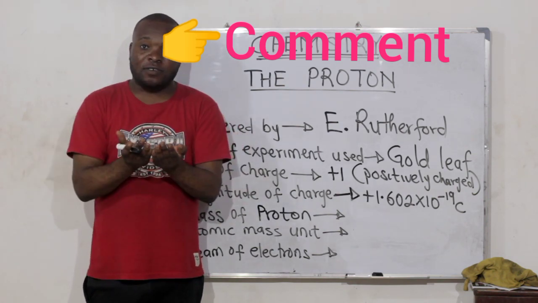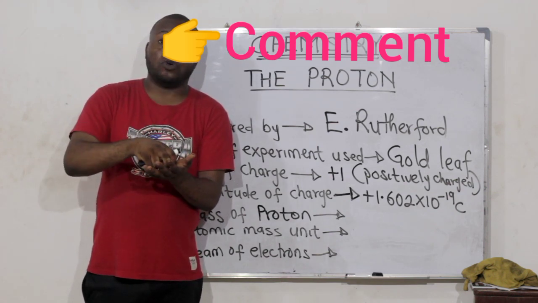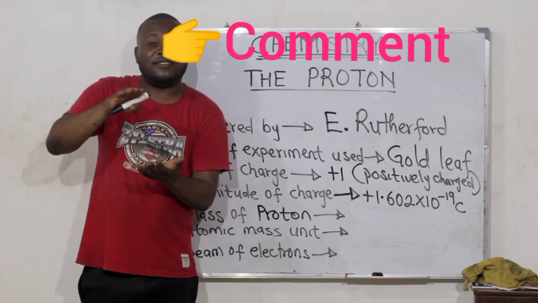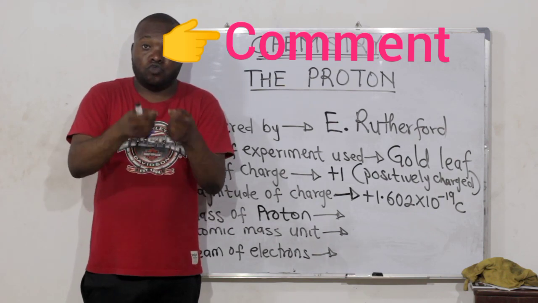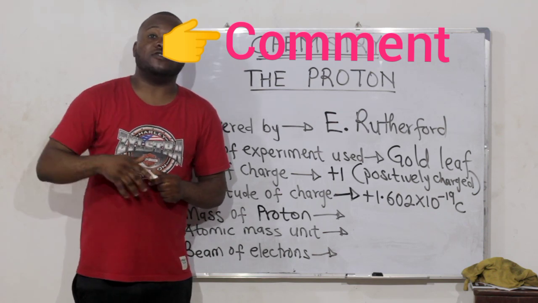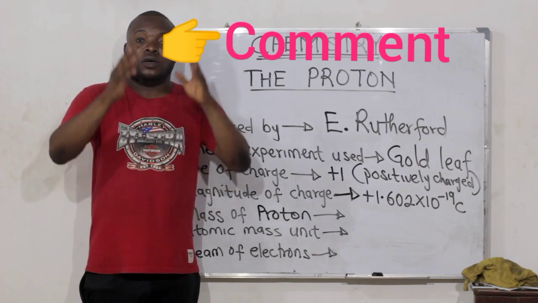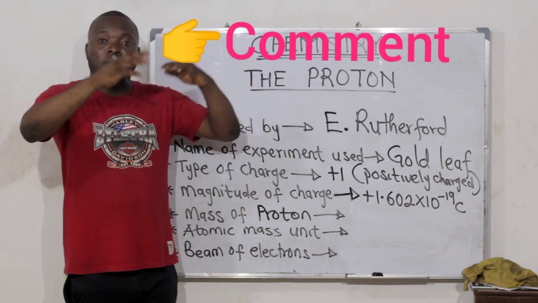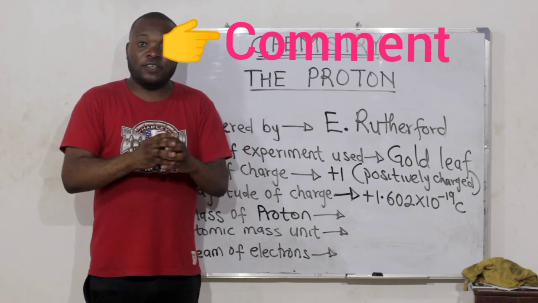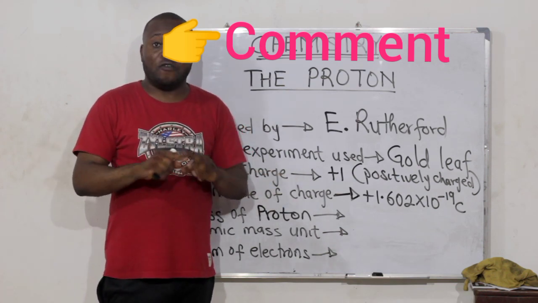So the entire mass of an atom is contributed by the proton and the neutron. The electron has insignificant contribution to the mass of an atom. So the entire mass of an atom is gotten by the mass of the protons present and the mass of neutrons present combined together. Electron contributes almost nothing to the mass of an atom.